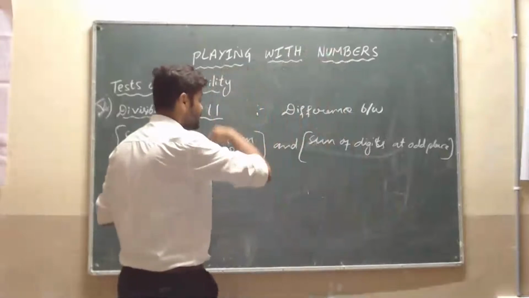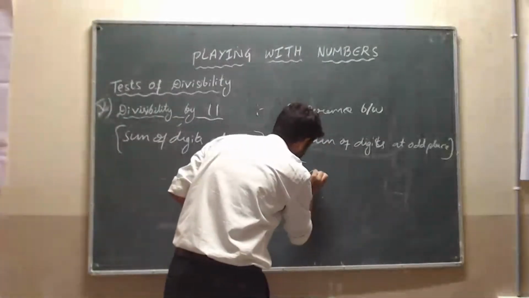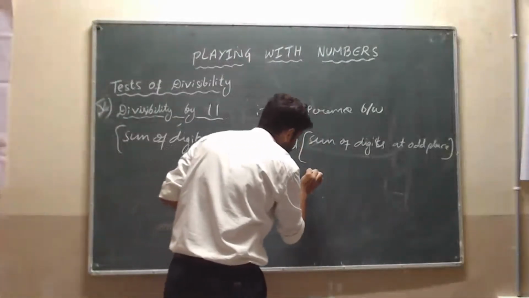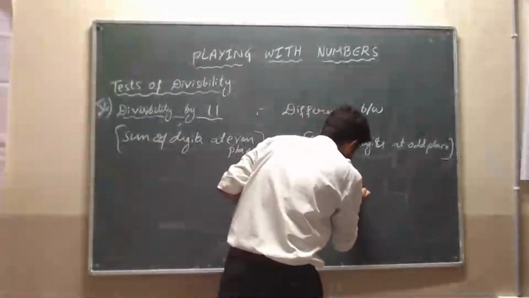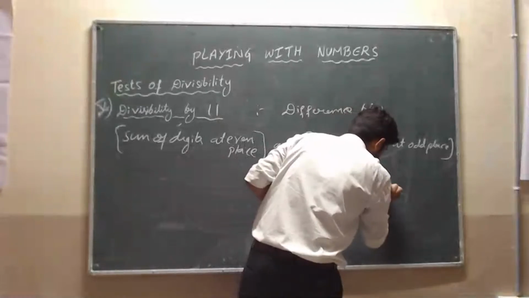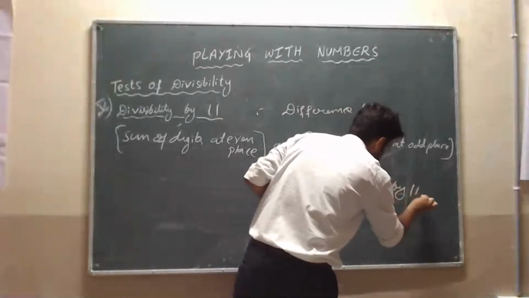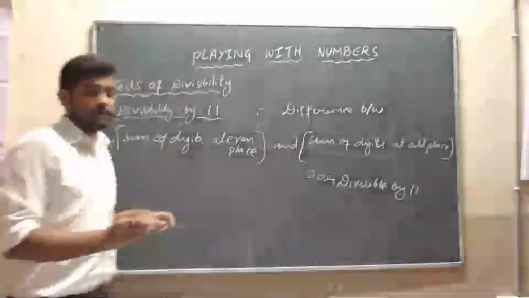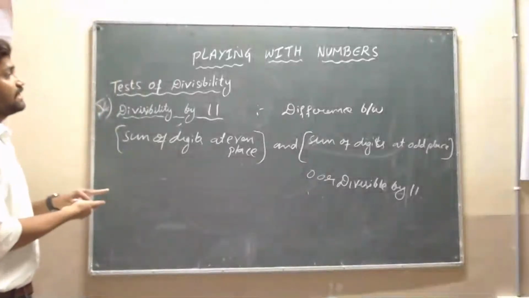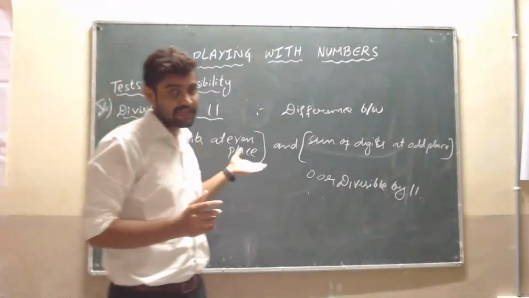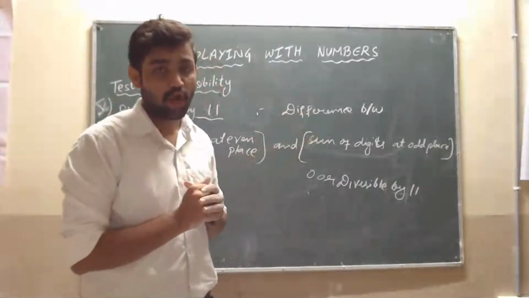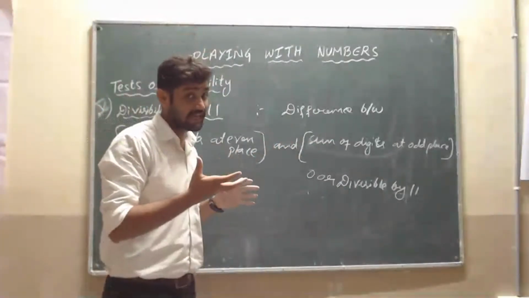Then we have to get 0, or divisibility, divisible by 11. I will explain you divisible by 11. What is that? It is the difference between sum of digits at even place and sum of digits at odd place.